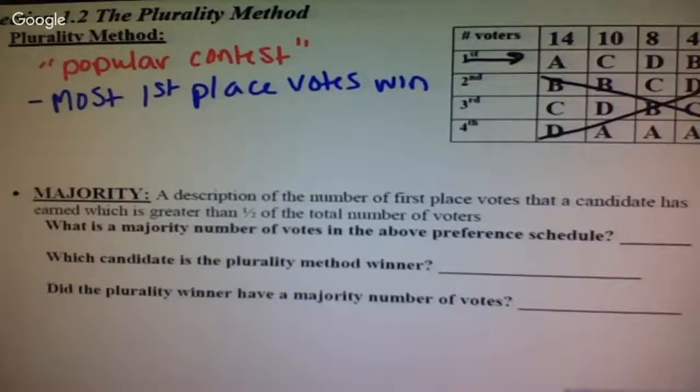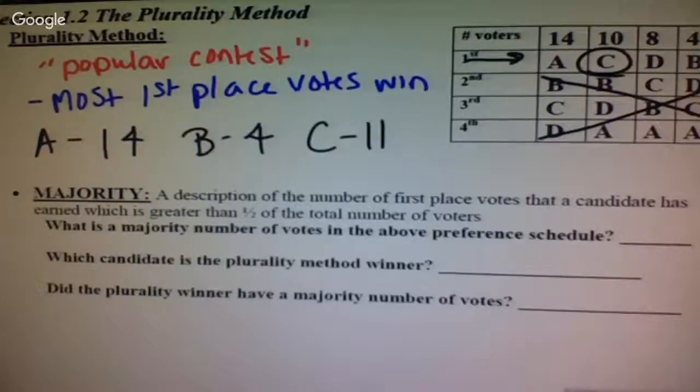So if you look at the top row, how many first place votes did candidate A have? 14. They took that first column, so a total of 14. B has 4. Perfect. C has 11.